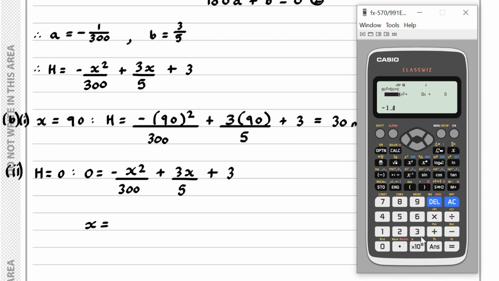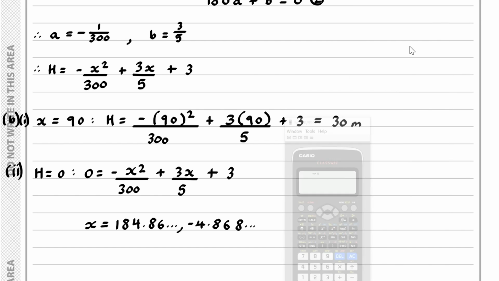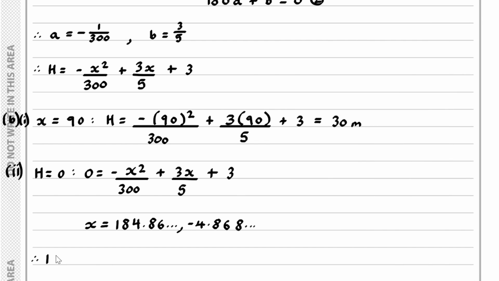We get x equals 184.86, and we also get minus 4.868. And so therefore, we have 185 meters given to three significant figures. This is horizontally.